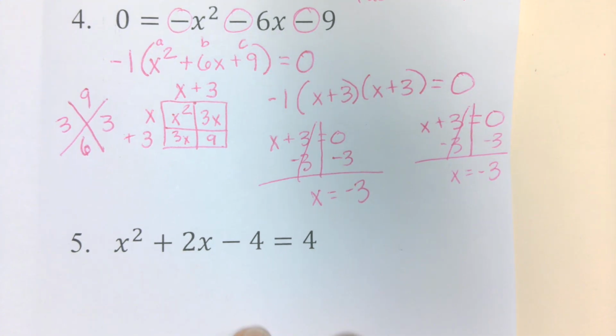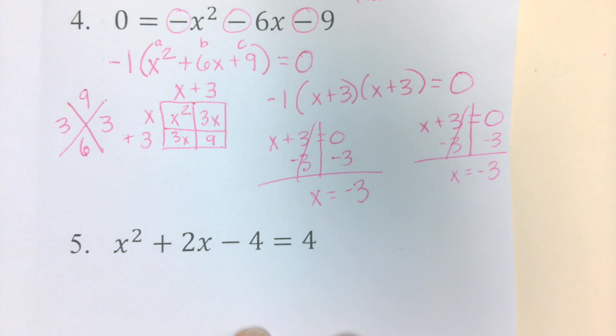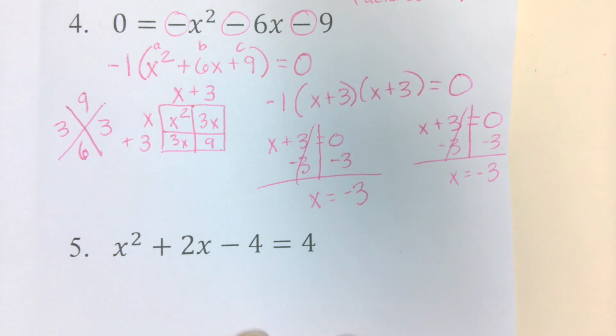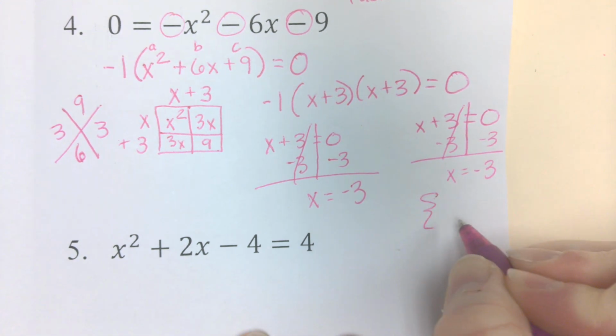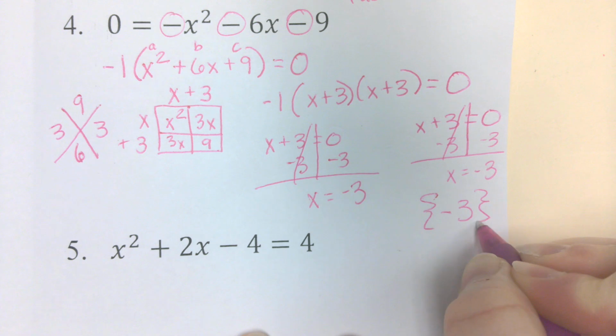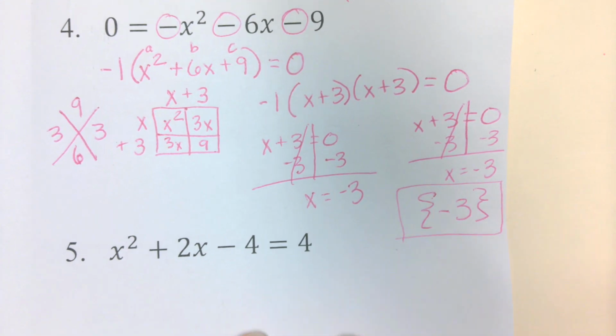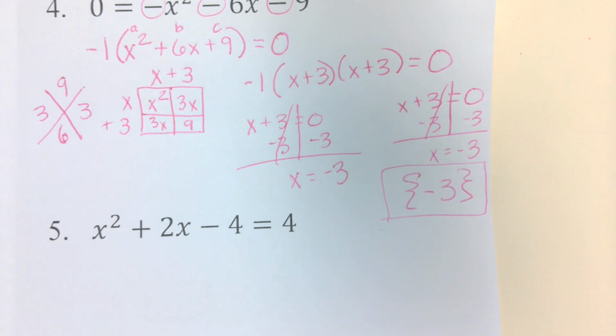It's the same answer, but written twice. So whenever I write my solution set, how many solutions do I really have? Yeah, just that one. So my solution is -3. It only crosses the x-axis that one time, and it's at -3.